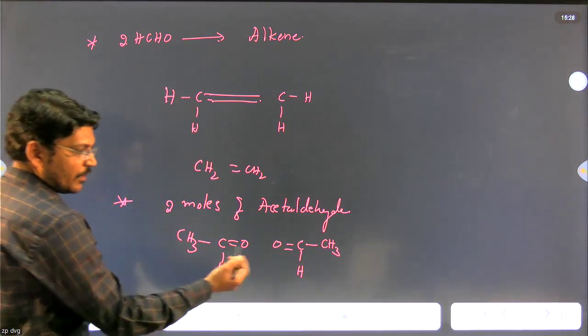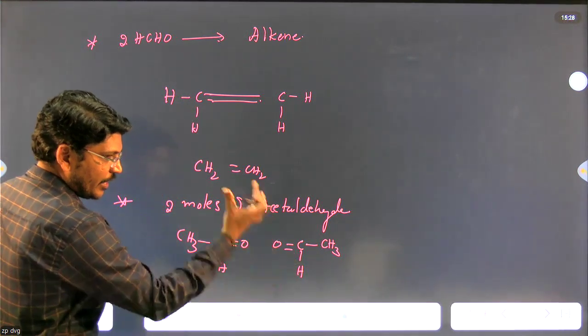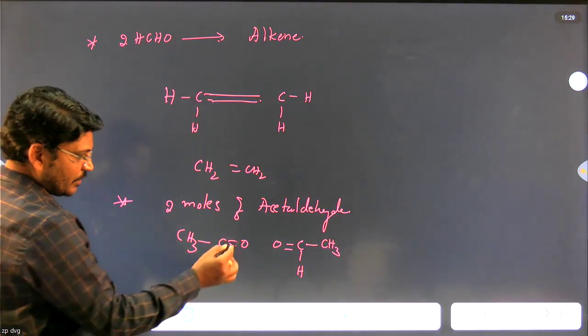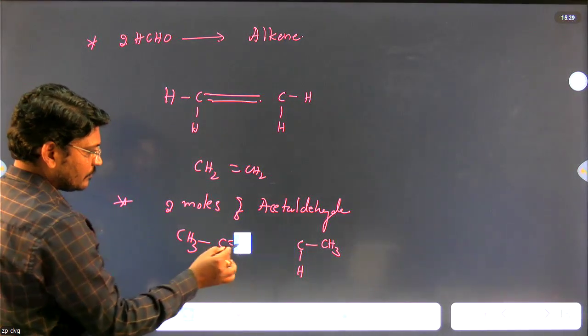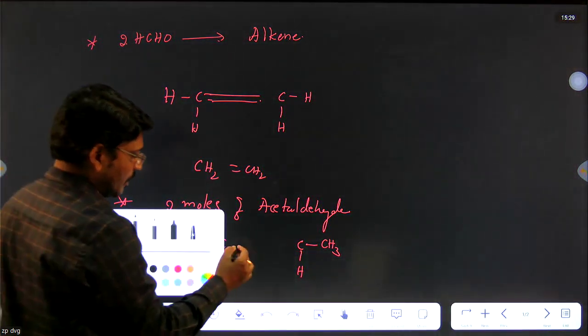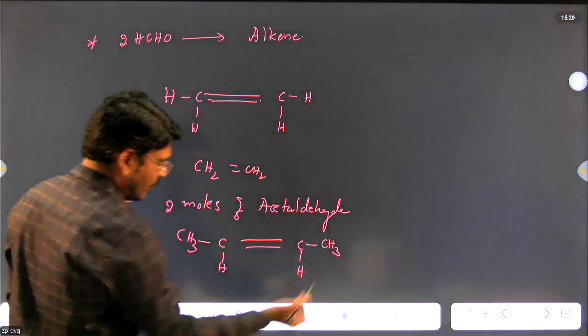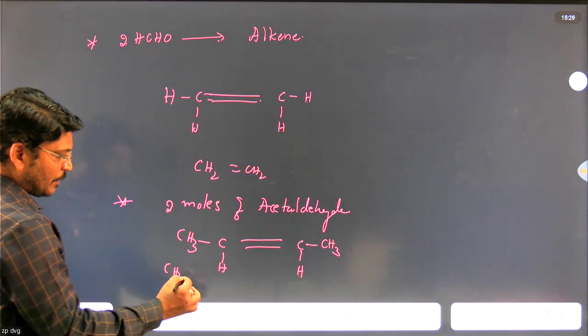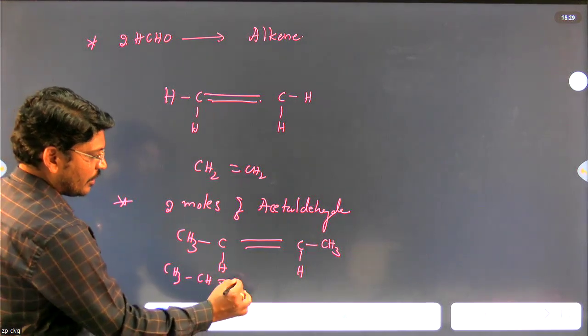As we always say, wherever it contains a double bond we are adding 2 oxygen atoms. That's why just remove these 2 oxygen atoms. Instead of the 2 oxygen atoms, just add 1 double bond. Then finally the answer is CH3 CH double bond CH.